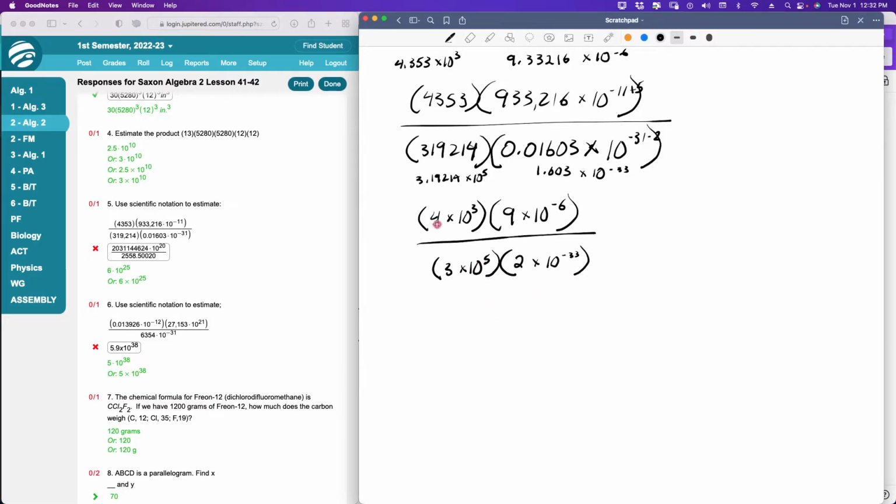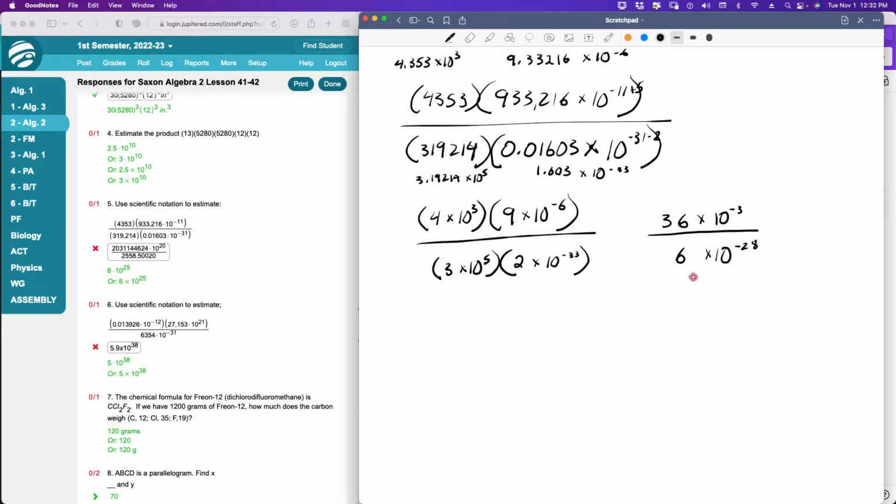Now we do the math. 4 times 9 is 36 times 10. 3 minus 6 is a negative 3. 3 times 2 is 6 times 10. We have 5 and a negative 33. That's going to be a negative 28, right?